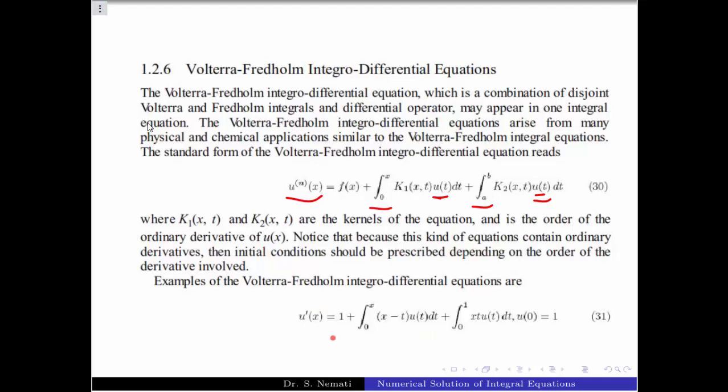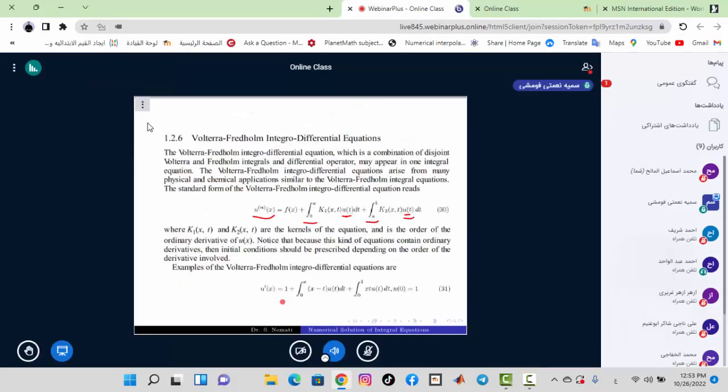Here you can see an example of the Volterra-Fredholm integral differential equation. Since the order of the derivative is 1, we need one initial condition.